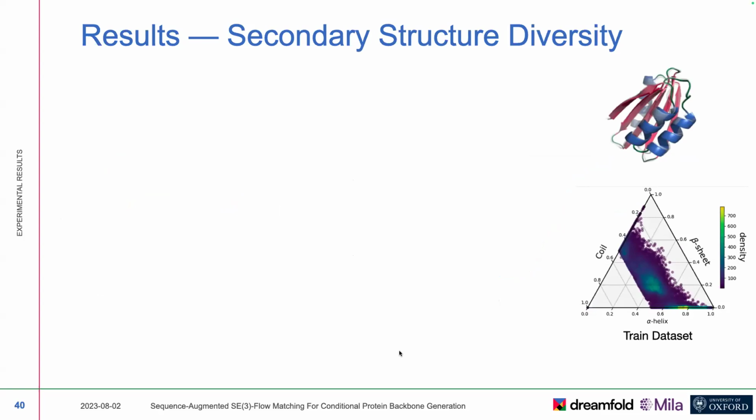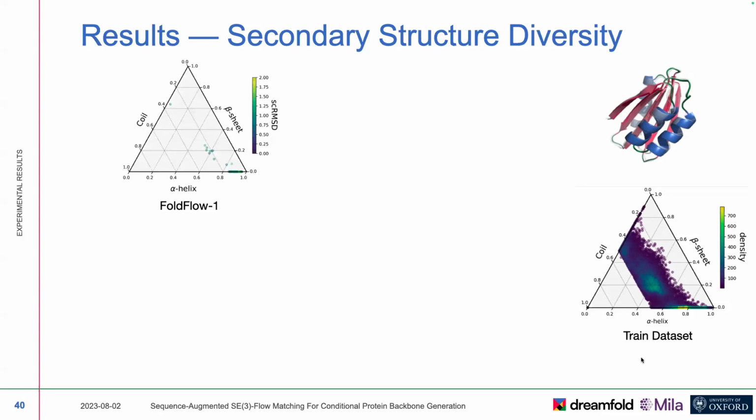Another way you can characterize the diversity is by looking at the proportion of secondary structures in a given generation. The three types of secondary structures are in blue, green, and red in the top right, and you can plot those on this ternary plot. This is the training distribution, so a good model would fit this distribution accurately.